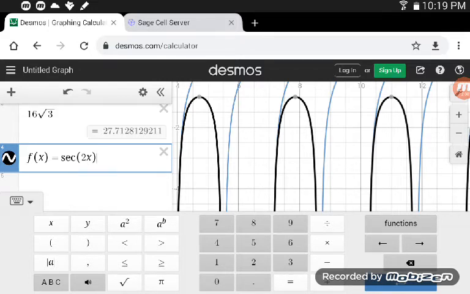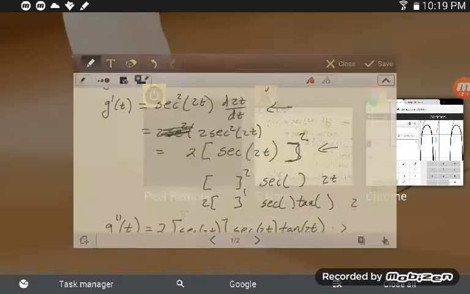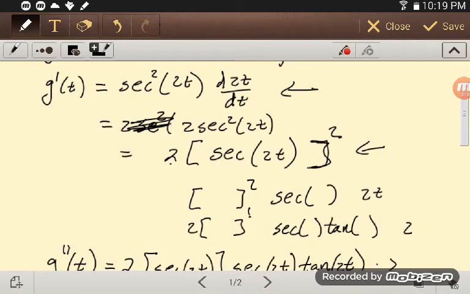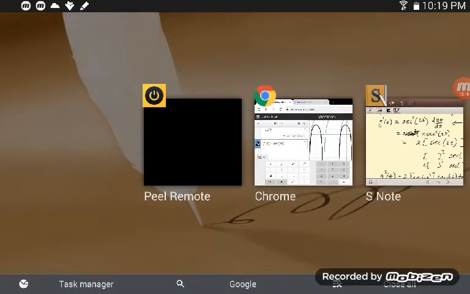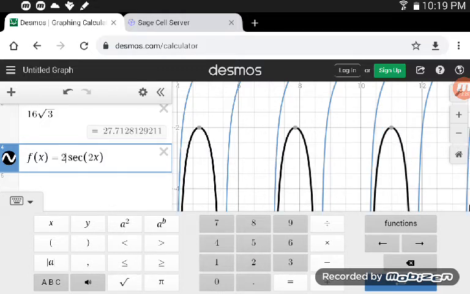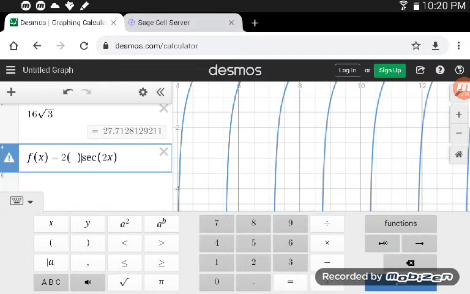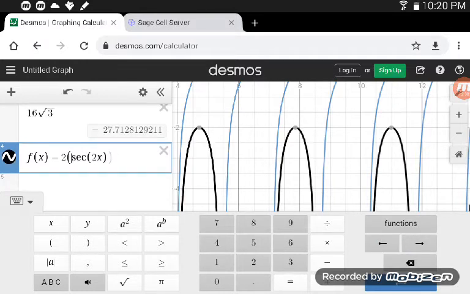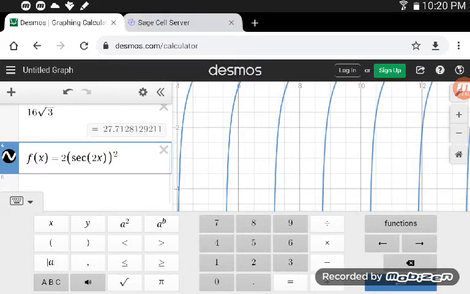I think it was 2 secant squared of 2t there. So I need a 2 in front of that, and then I need a squared. I think the only way I can do it myself is backspace over that and put it there, and then do the square.